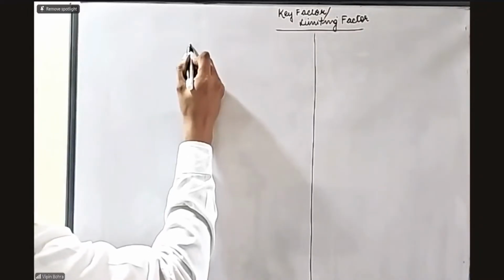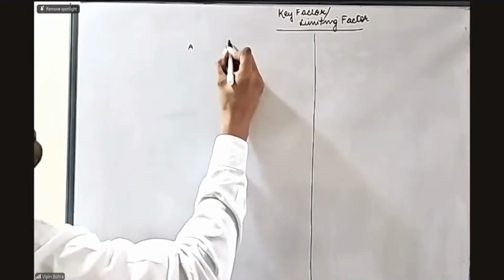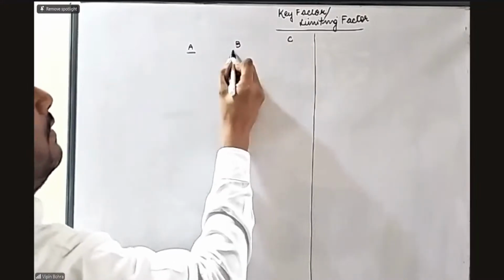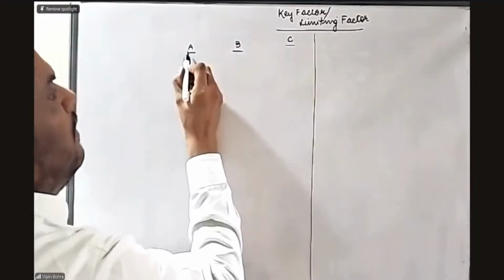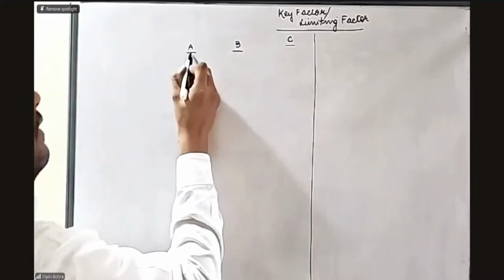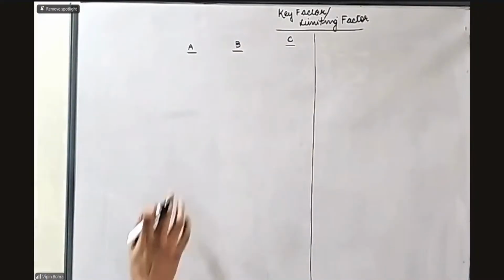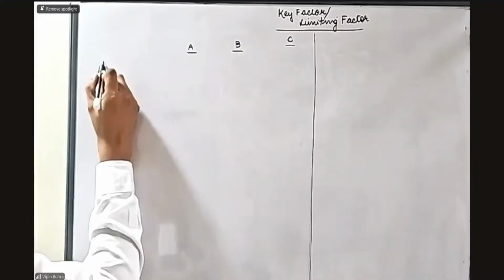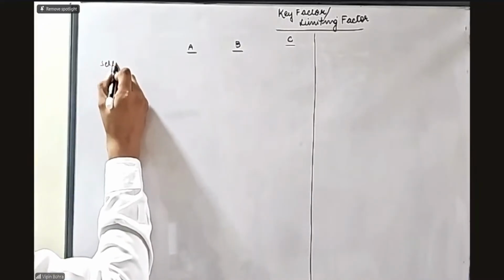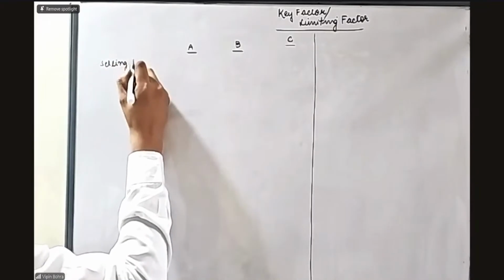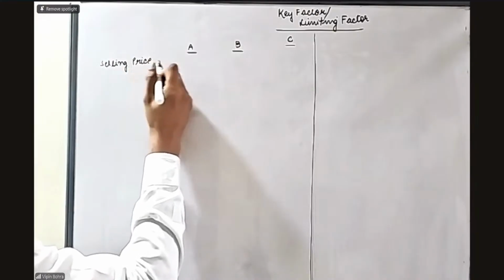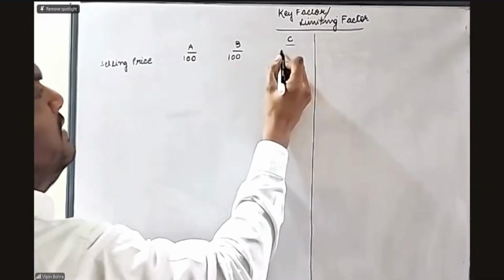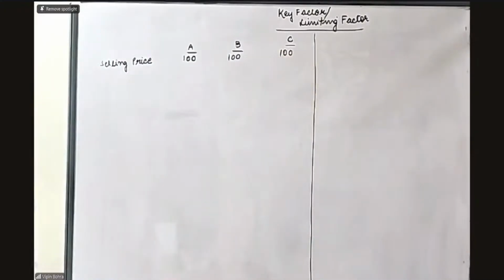I'm manufacturing, let's say, three types of product A, B, and C. Let's say the selling price of these three products is same, that is 100, 100, and 100.